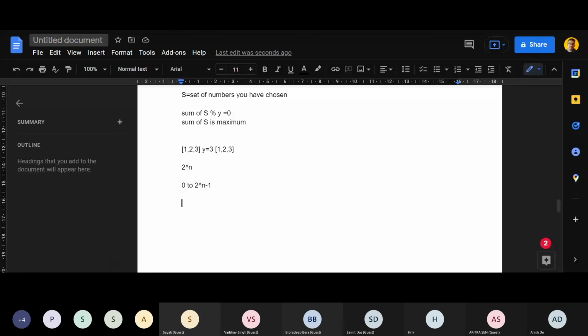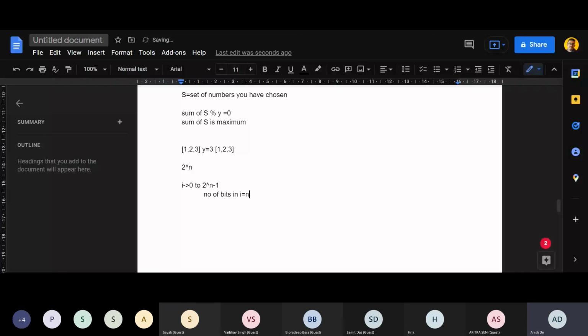Let's say the control variable is I. So first tell me, how many bits will be there in I? Number of bits in I. It will be n.